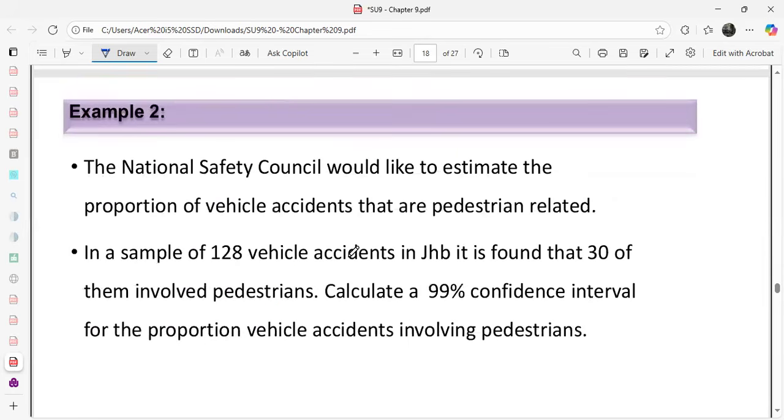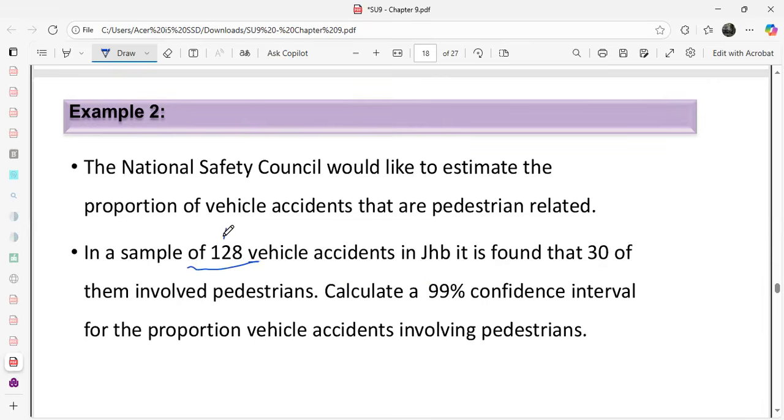Let's look at the question. This is the example. Let's check how you find the value of x and the value of n. Now, they say that the National Safety Council would like to estimate the proportion. You see that you're dealing with the proportion, the confidence interval for the population proportion of vehicle accidents that are pedestrian related in a sample of 220.